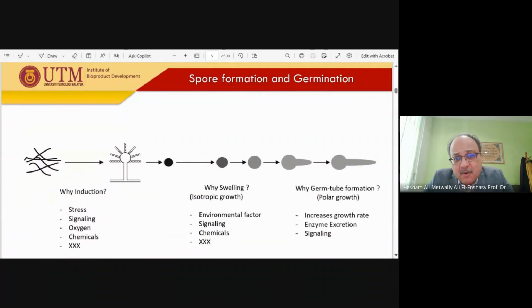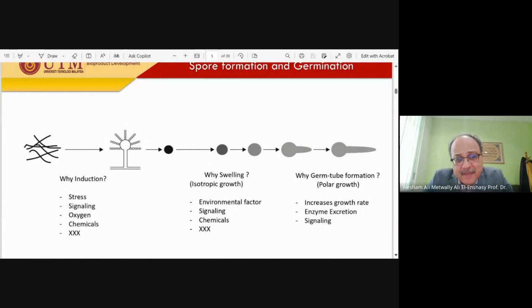If you look at spore formation and germination, spore formation is induced by stress, signaling, oxygen, chemicals, and many other factors. Those cells need some stress to produce sporulation. And some chemicals, some minerals, we know that in the process.